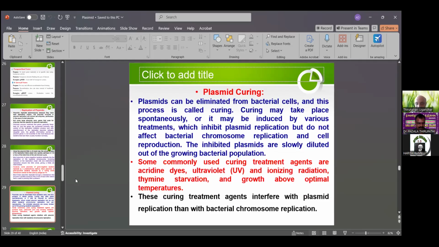Then what is it? The plasmid can be eliminated from bacterial cells, and this process is called curing. Based on the eliminated function, that is called curing.